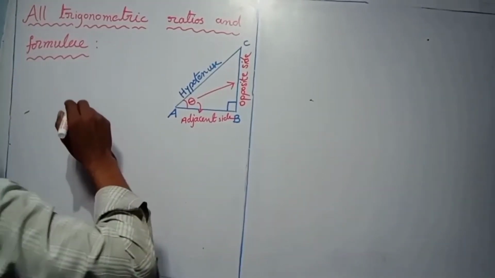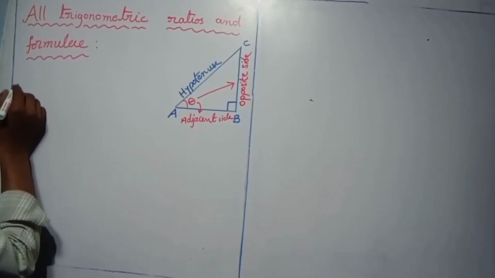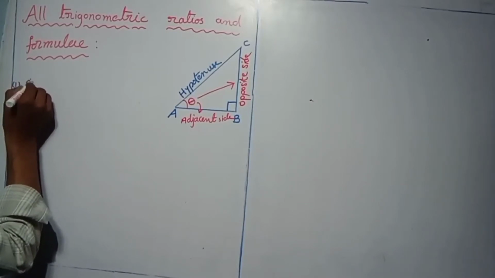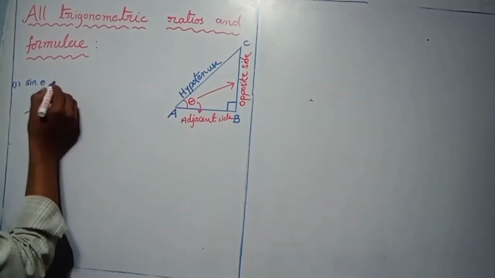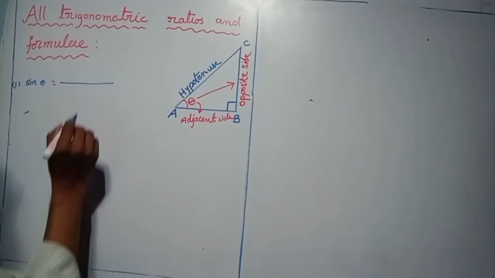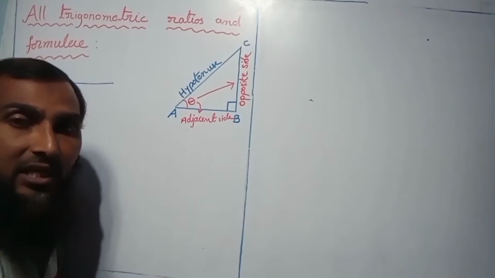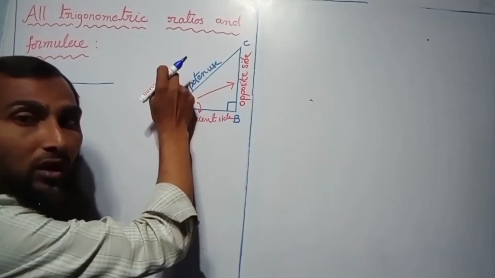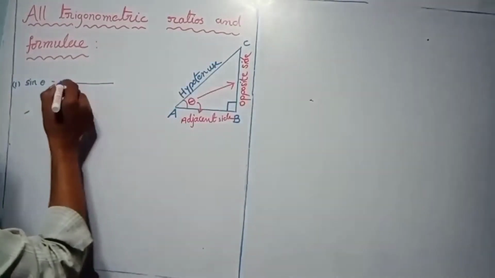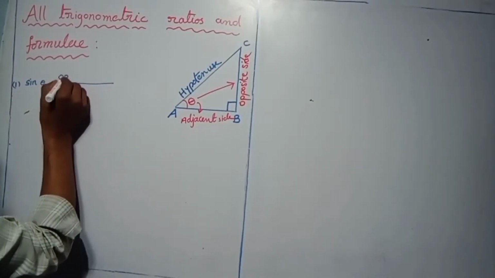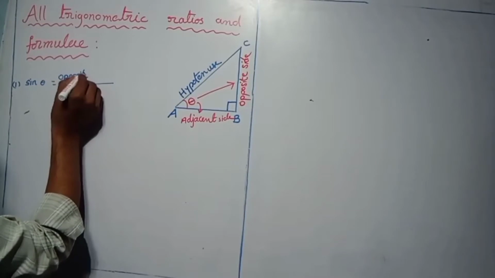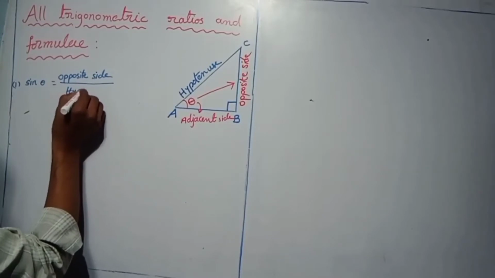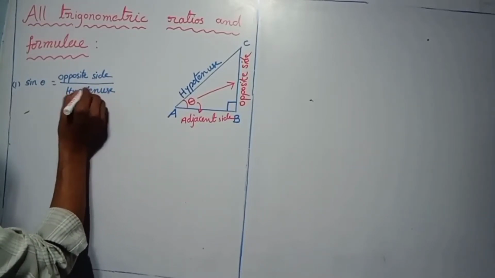Number one, take sin theta. We know that the definition of sin theta is the ratio of the opposite side to the hypotenuse.